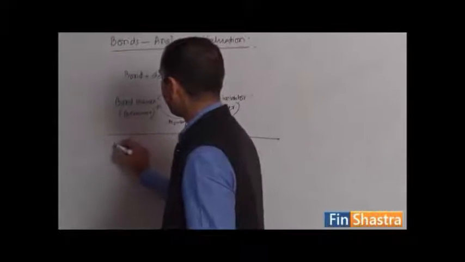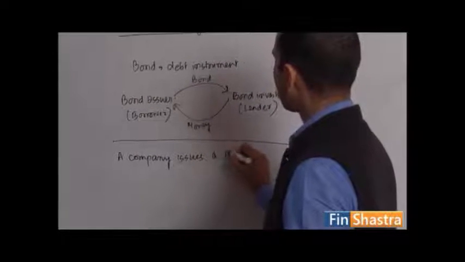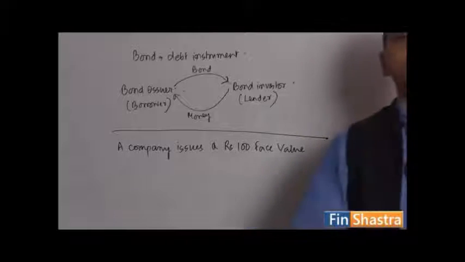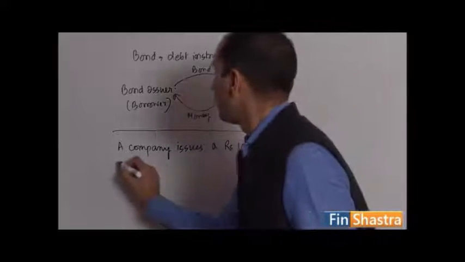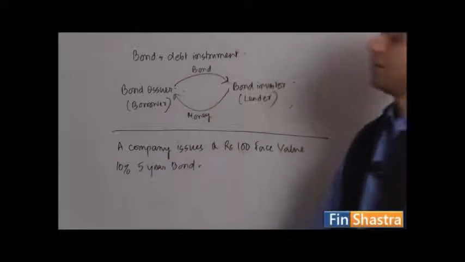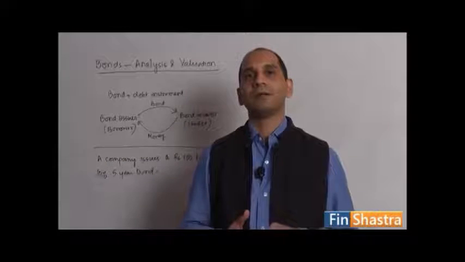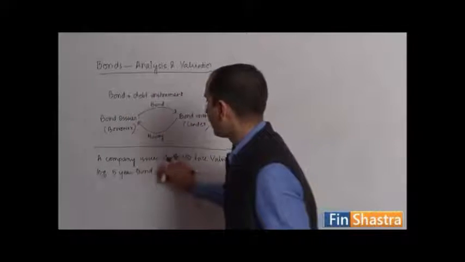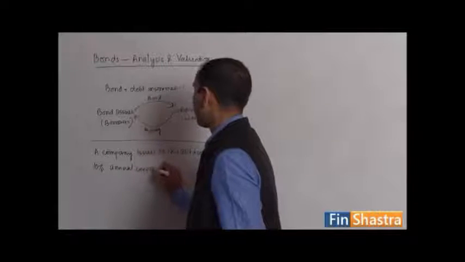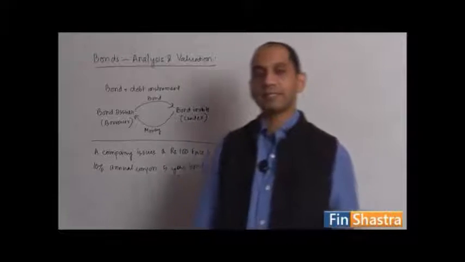Let's say a company issues a rupees 100 face value 10% 5-year bond, or let me be a little more elaborate here, a 10% annual coupon 5-year bond. And let's say it has issued it at par.